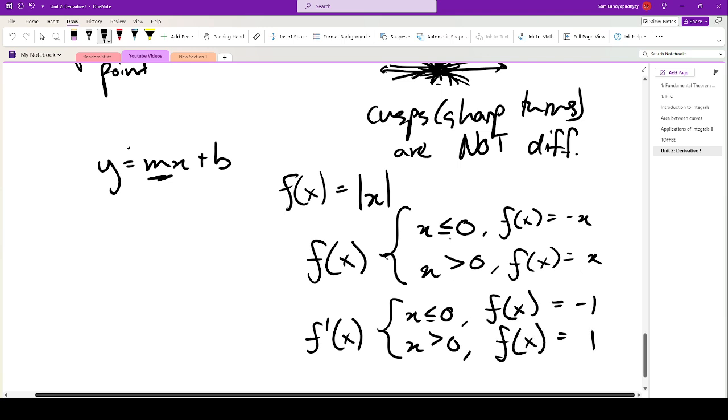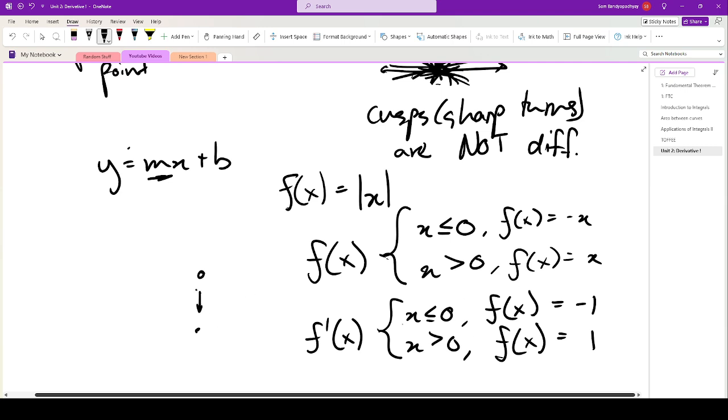So what you notice is that if you take the value of f of x at 0, the leftward piece is going to be 0 and the rightward piece is going to be 0. But if you take the derivative now, the leftward piece of the derivative is always going to be negative 1, and it's going to be negative 1 at 0, but then it's going to jump to positive 1 after 0.